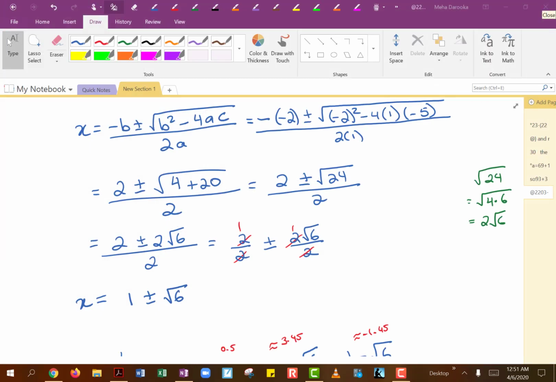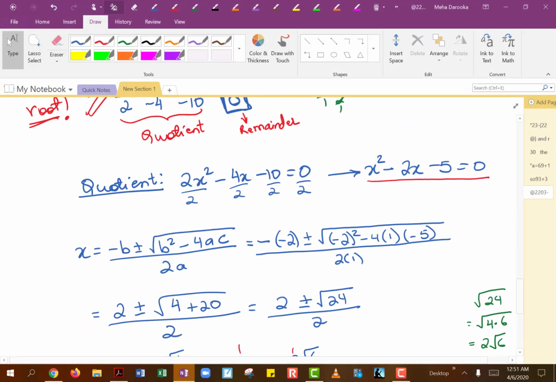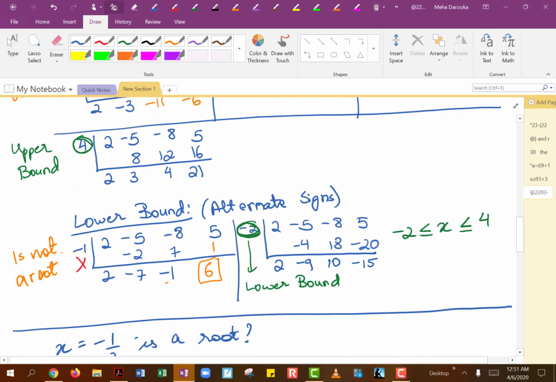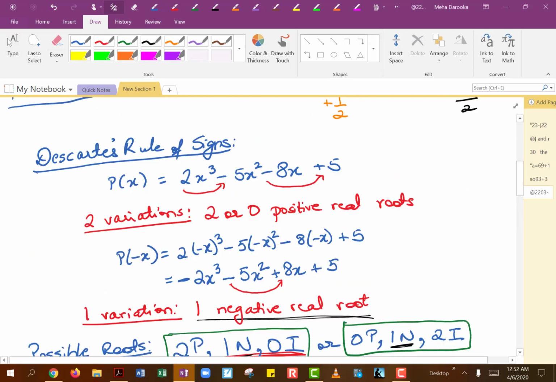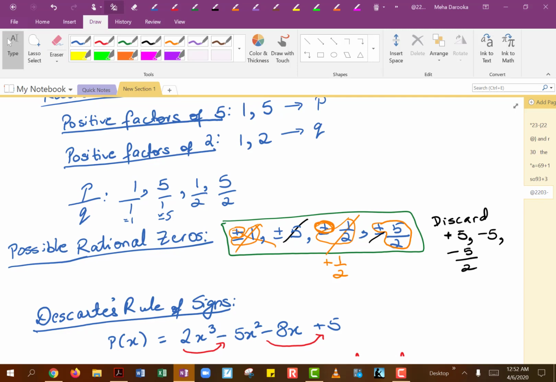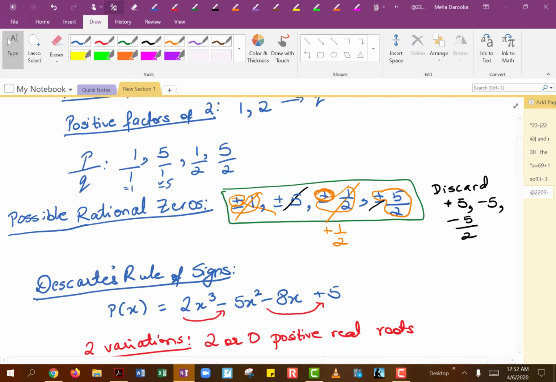So this one took us a little bit of a calculation. Now, of course, there are going to be some examples which may not take us quite as long. Some of them may take us a little bit longer, but this is the idea of how you bring all of these rules together. The only other option you would have is, once you found your rational zeros, checking to see out of those 8 options which ones work.